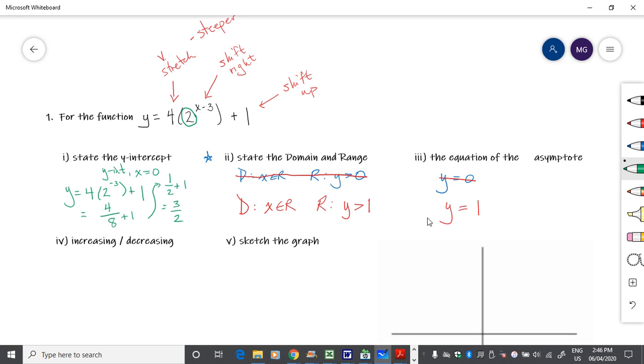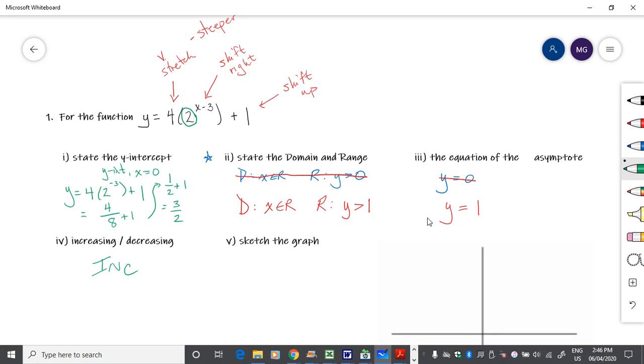Now, does vertically stretching an increasing curve change its direction? No. Does shifting an increasing curve to the right change its direction? No. Does shifting an increasing curve up change its direction? No. And so none of those transformations would change the direction. Therefore, my graph is still increasing.